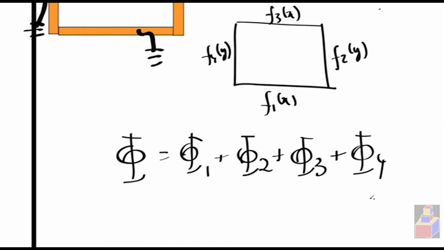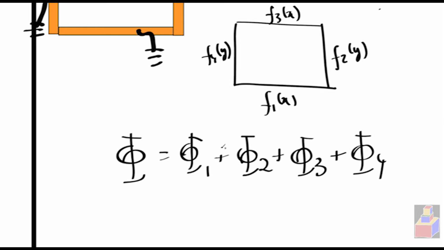And notice that the arbitrary function is decomposed as a superposition of orthogonal eigenfunctions. The eigenfunctions are those of the harmonic oscillator problem. Okay?